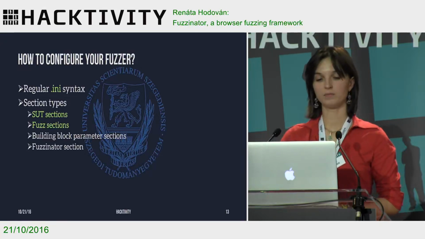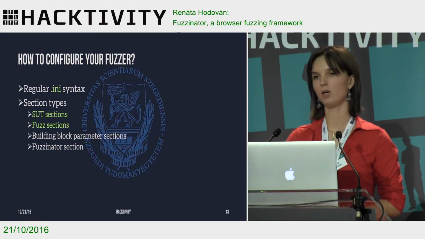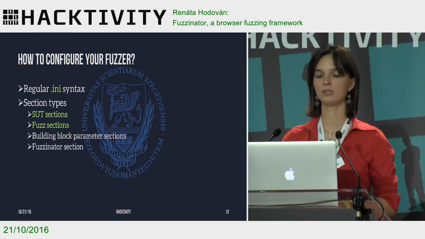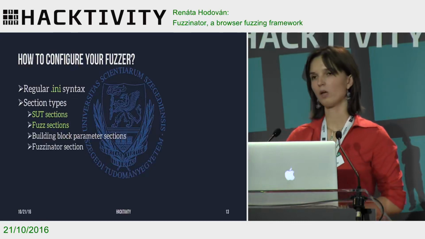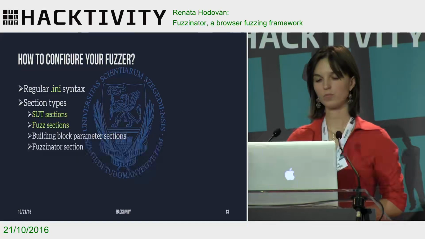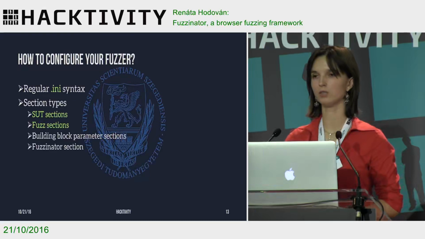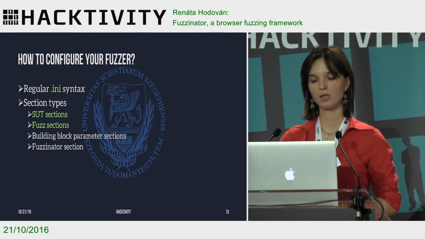As the name says, the sut section describes how your target application will be run, how often it should be updated, how you can reduce the test cases for this sut, etc. While the fuzz section will bind the target application and test generators together.